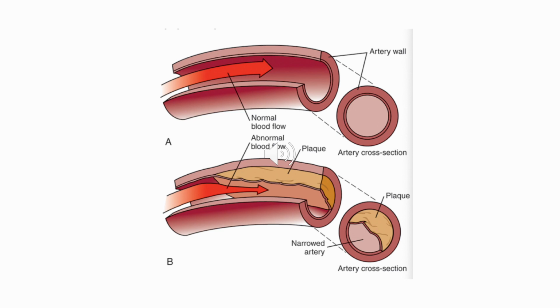Eventually, arteriosclerosis blocks some blood flow through the arteries. When high blood pressure coexists with arteriosclerosis, greater amounts of plaque occur with further blood vessel narrowing, and the heart has to work harder to pump blood through them.